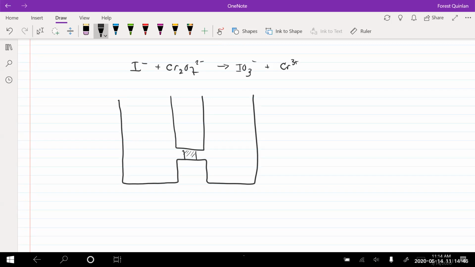In each of those, let's see, platinum or carbon. Right, so I'm just going to go with platinum just because. We had platinum for both of these. And yeah, it's okay if you put carbon. I'm just doing platinum because.